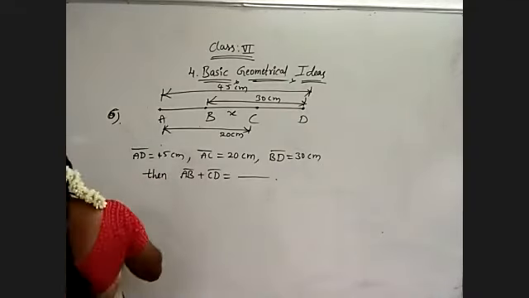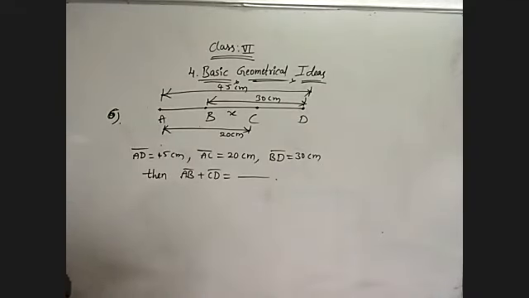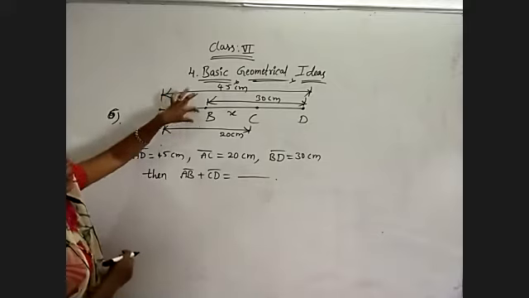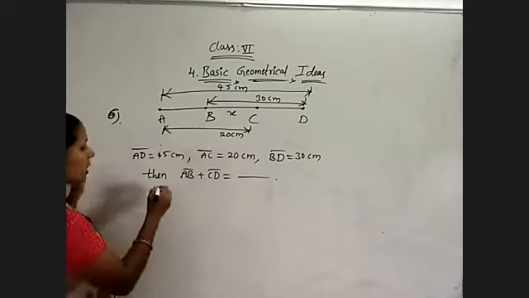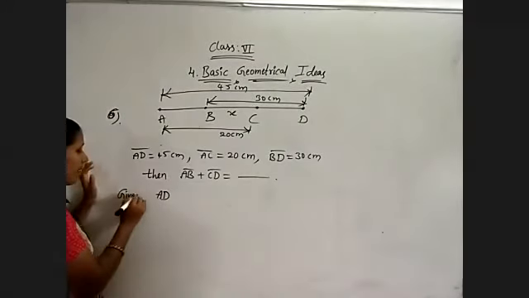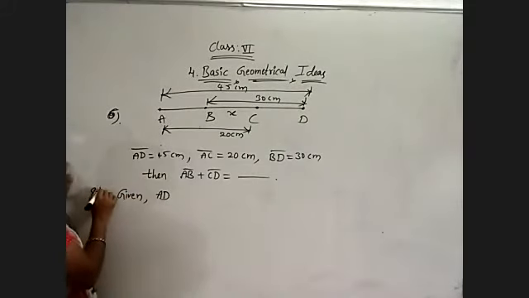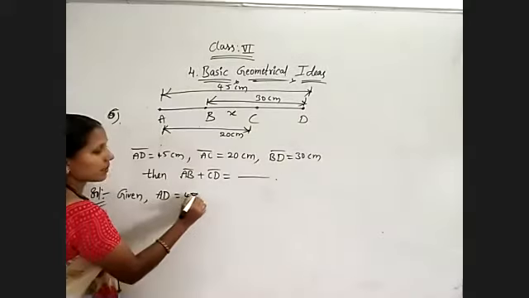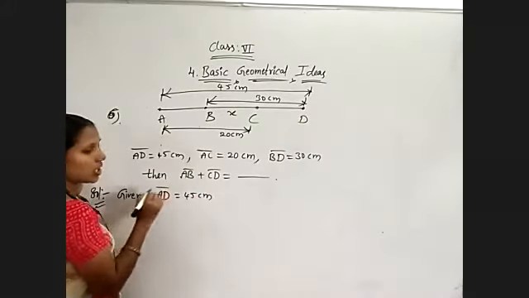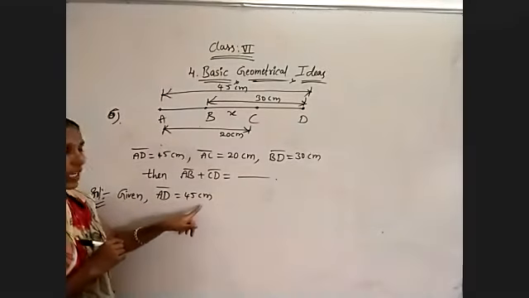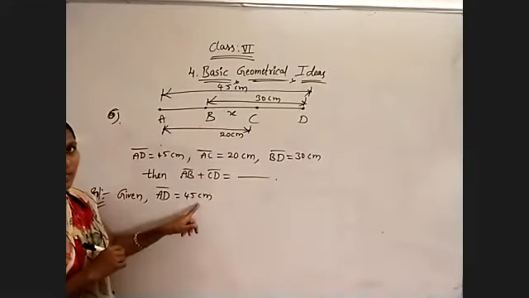Now, what is the length of AB plus CD they are asking? That means we need to find out AB as well as CD. So according to the question, AD is given. This type of questions are very, very important. Given AD equal to 45 centimeters. As I told you, if we are not mentioning the units also, no problem, because only for a line segment can we mention the measurement.